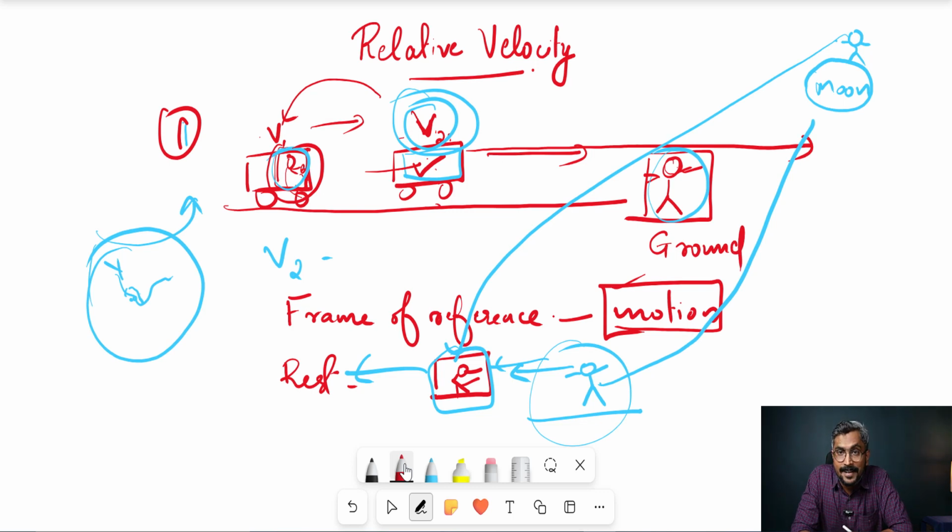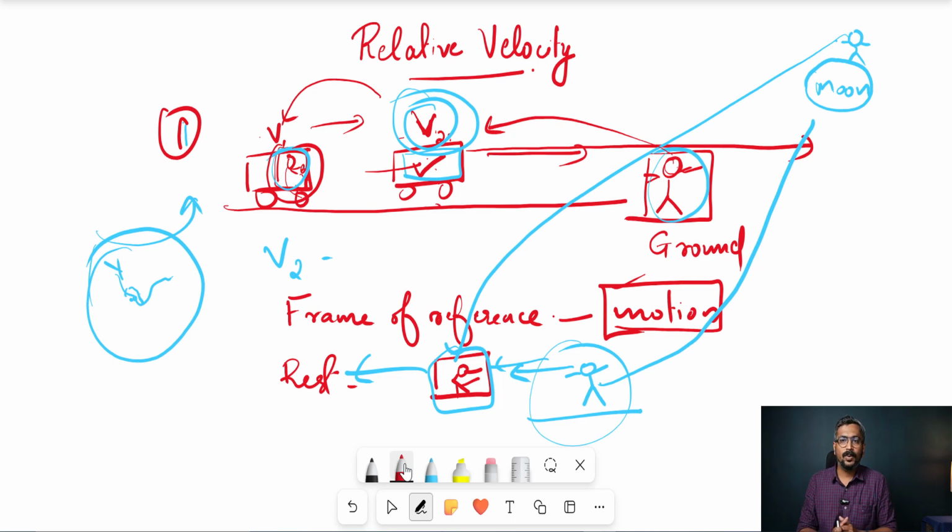What happens there? On the ground, my velocity is 0. I am in a stagnant position. So with respect to the ground, I am seeing the second car and it will have an entirely different velocity. So here comes the idea of relative velocity.